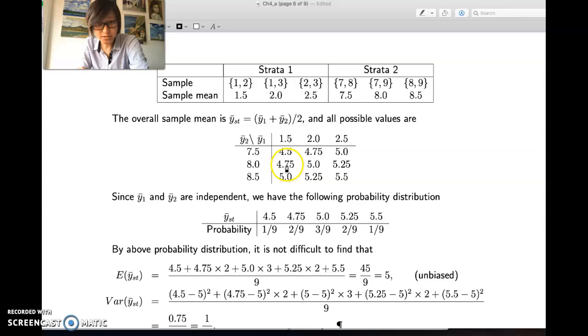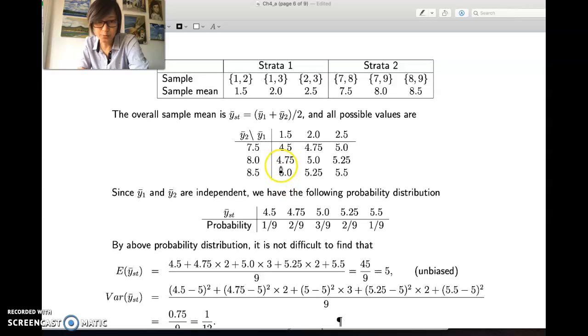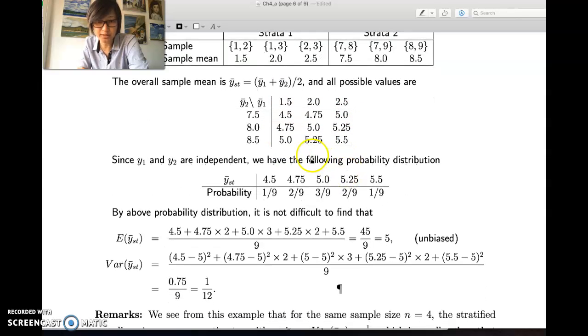As a summary, if y1 bar is 1.5 and y2 bar is 7.5, then the stratified y bar equals 4.5, and this would be the distribution of all of the possible y bar from the stratification. With this, we can plot out the 9 cases of the y bar.